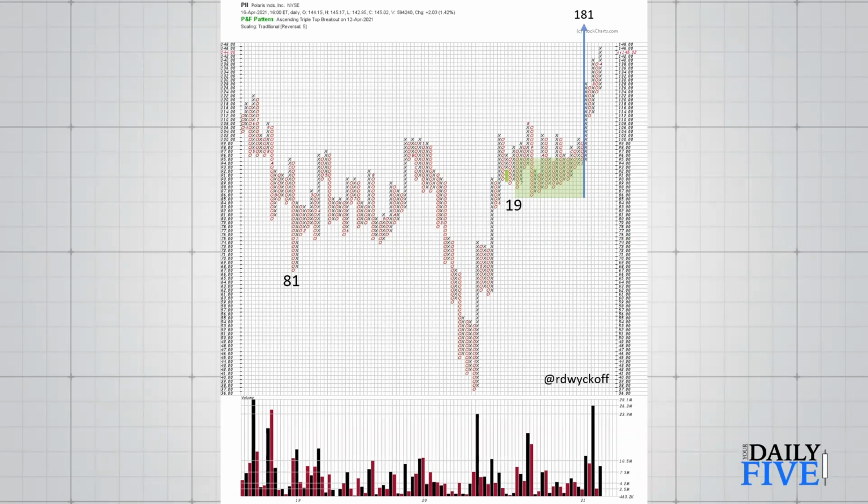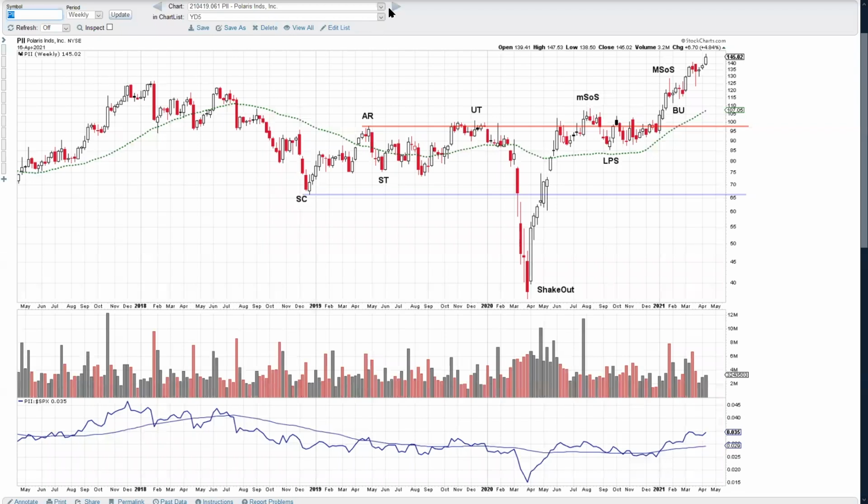You can see here this count, which is just this small sideways area after the COVID low, counts up to 181. Currently it's around 145, but notice this much bigger count. This count goes over $400. So there's a very large potential here for Polaris.